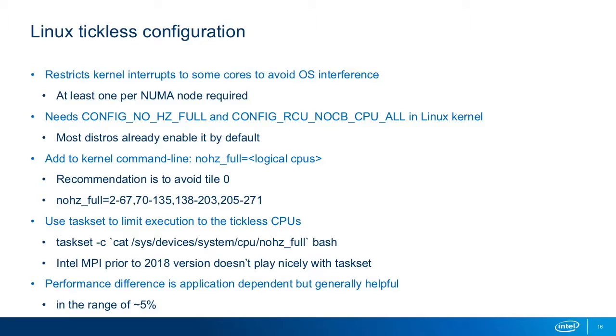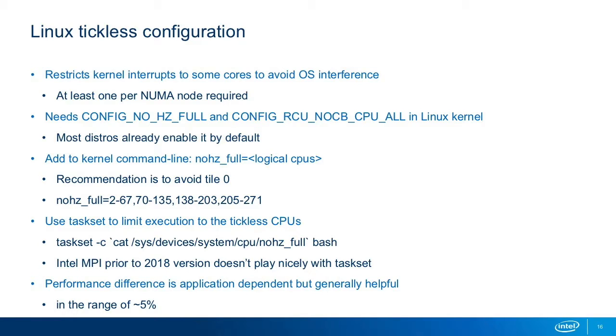So let's go further. The Linux tickless configuration, I think that brought even some advantage on the Marconi cluster when they did this. But I think in the Cray environment, it's also integrated as a similar thing, called core spec.